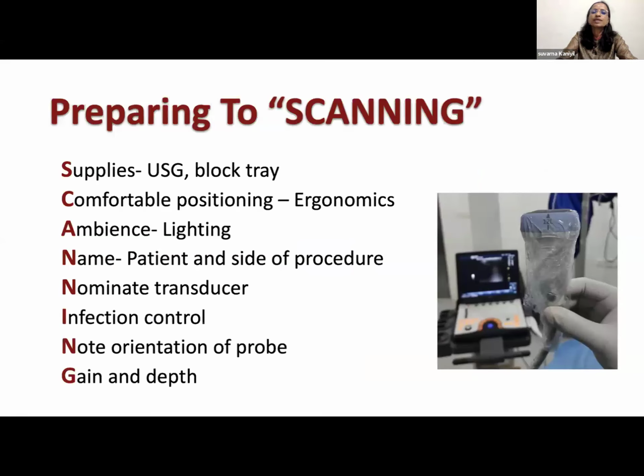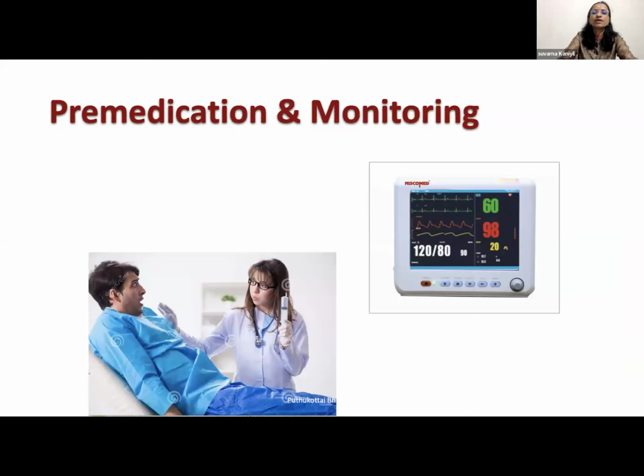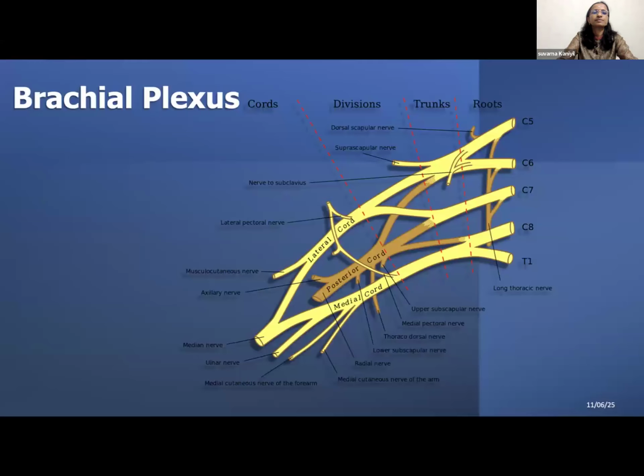Before you start doing any blocks, remember about the scanning, your supplies, positioning, ambience, the patient identification, and select the appropriate transducer. All these things have to be remembered. I don't think I have to stress more on the standard monitoring and the pre-medication before any painful procedure, and the ergonomics also for your comfort level.